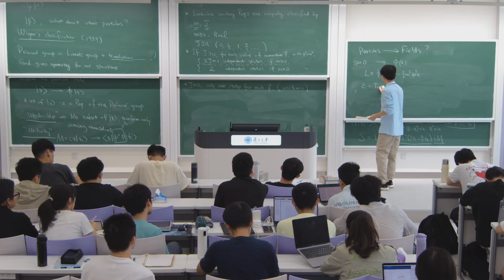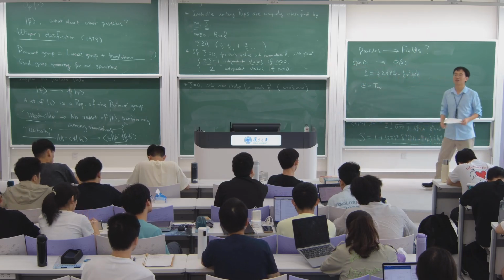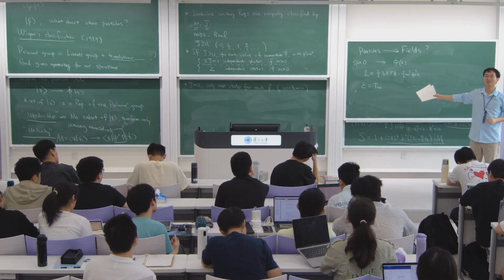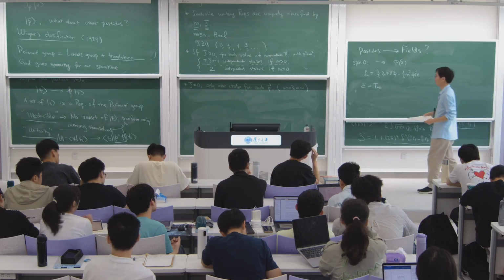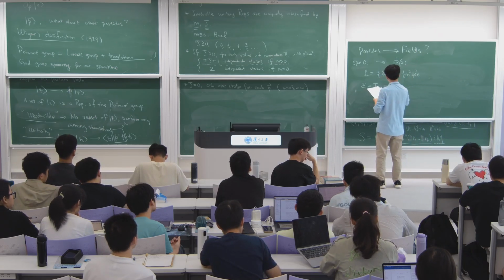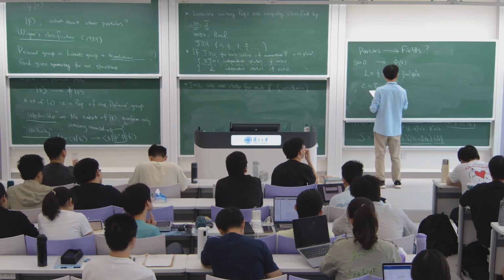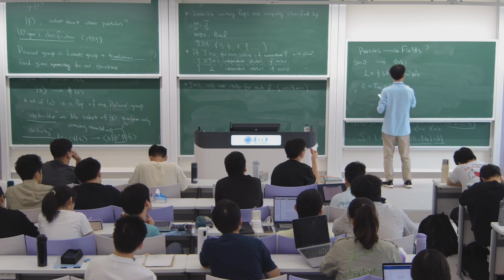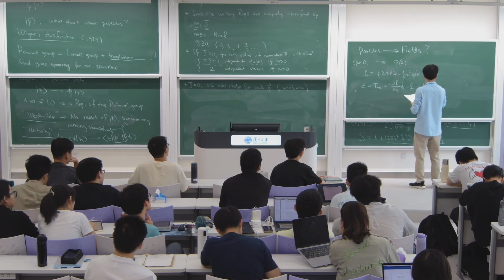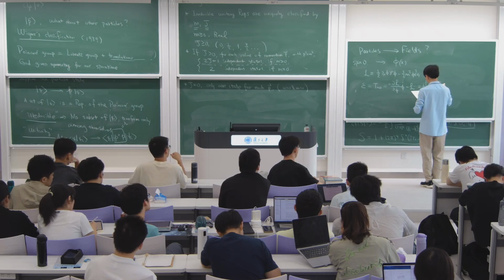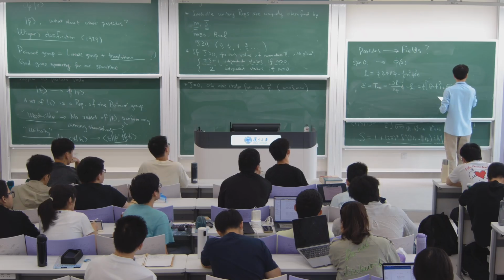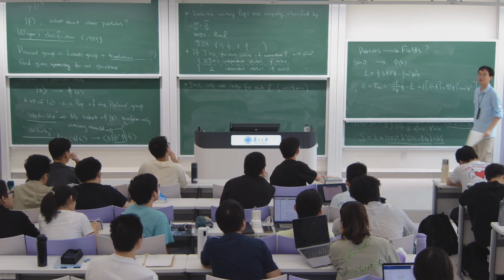Energy density is the zero-zero component of the energy-momentum tensor we defined from Noether's theorem before, T^{00}. You can work it out. T^{00} in this case is partial L over partial phi dot, phi dot, minus L. Now this is one half partial_t phi squared plus the gradient of phi squared plus m squared phi squared. You work it out.